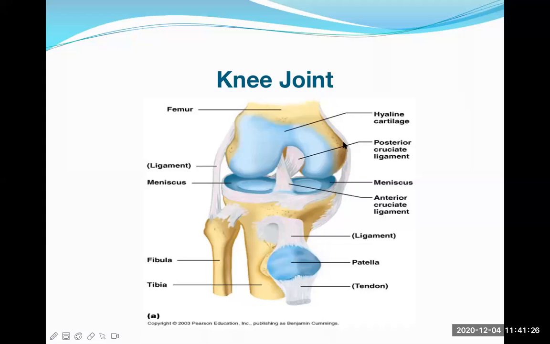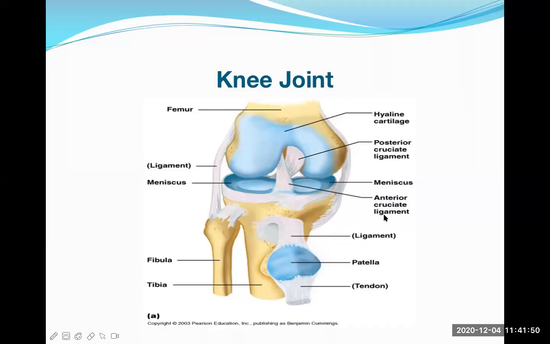Excellent. And this is the medial collateral ligament. Sometimes we also call these the fibular collateral ligament and the tibial collateral ligament, because the fibula is on this side and the tibia on this side.